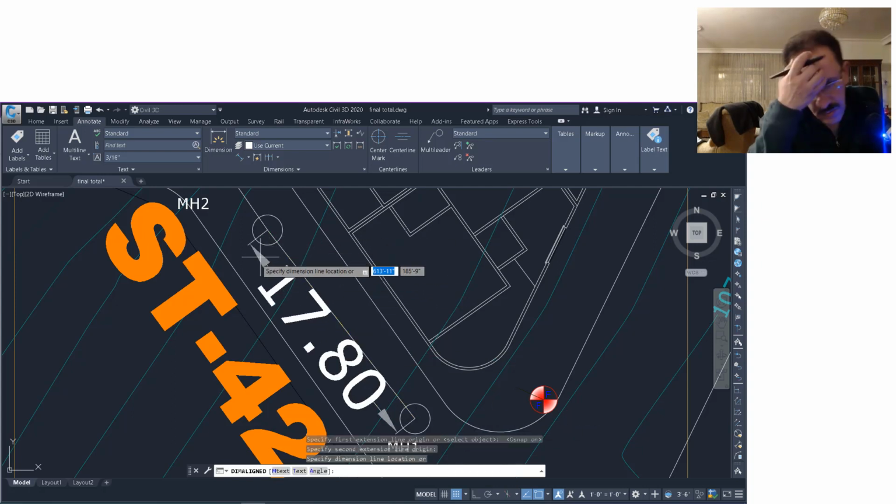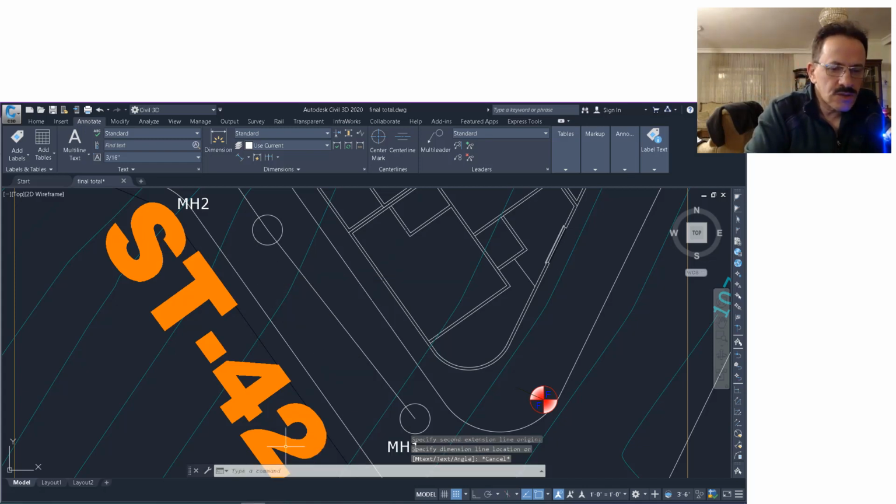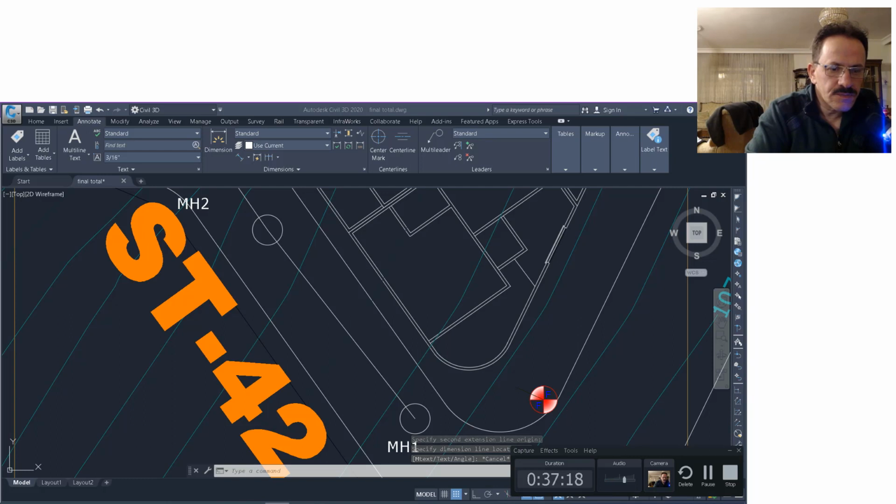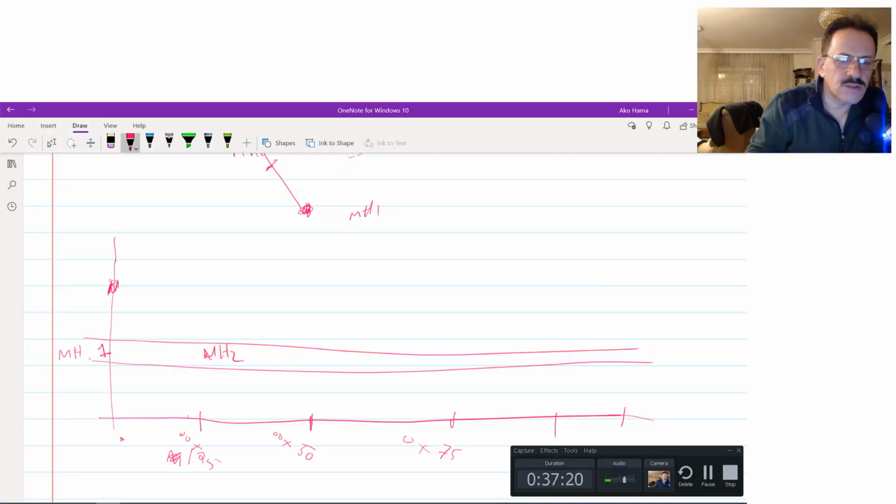It's 17.8 meters. So 17.8 meters you have to allocate. This is manhole number 2. If this was 0, this will be 17.80.